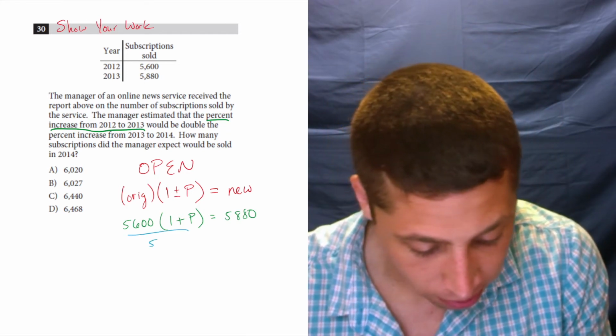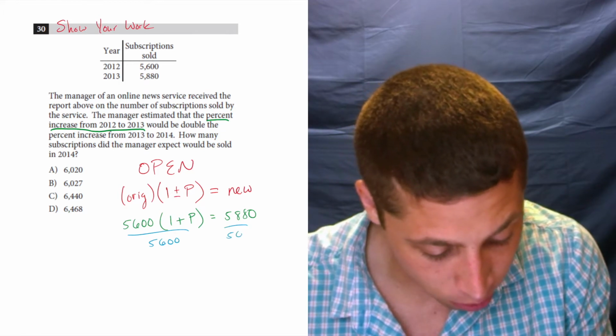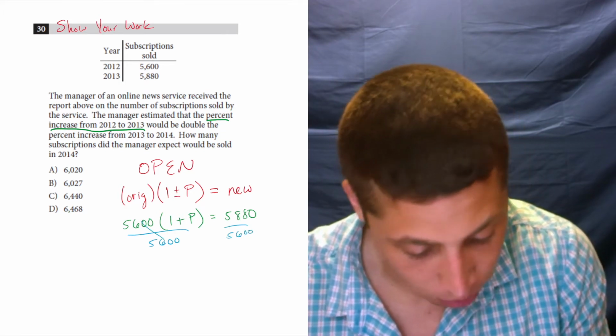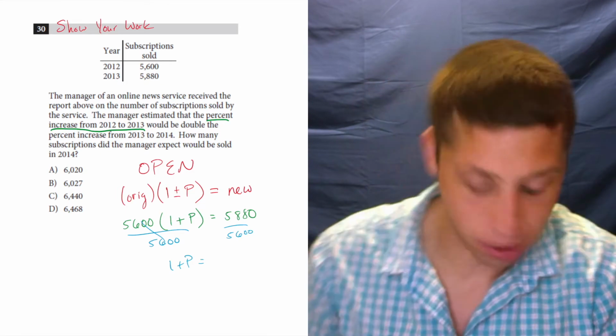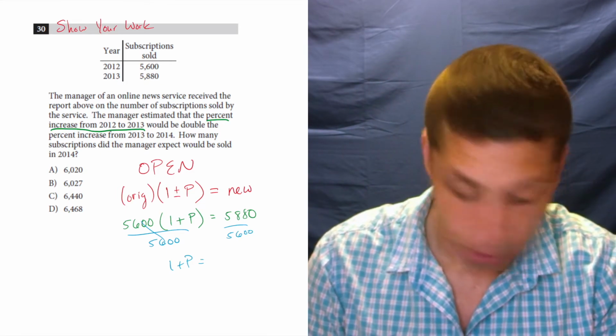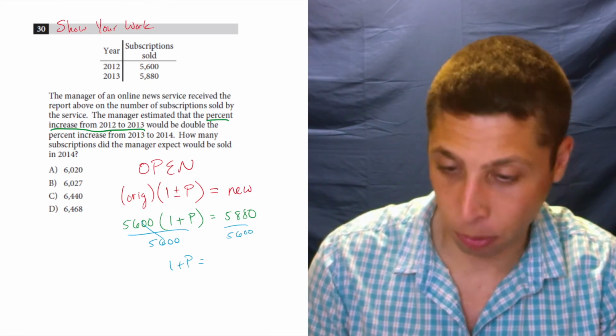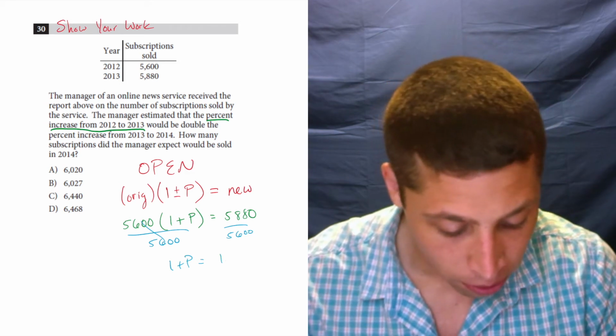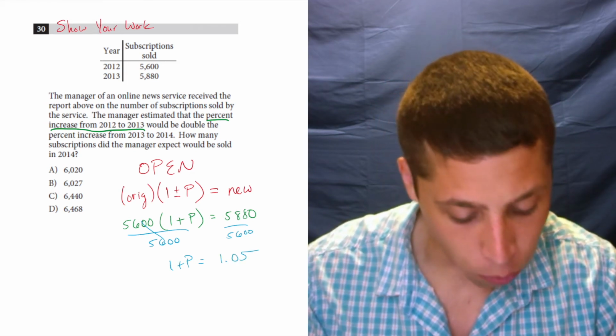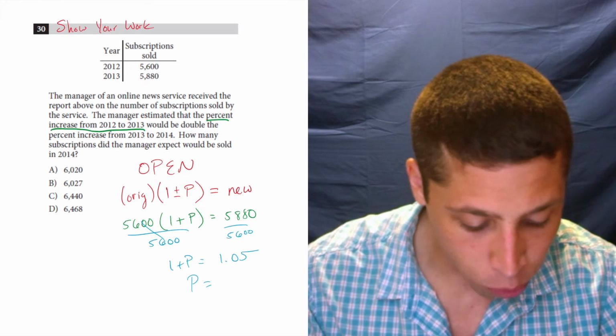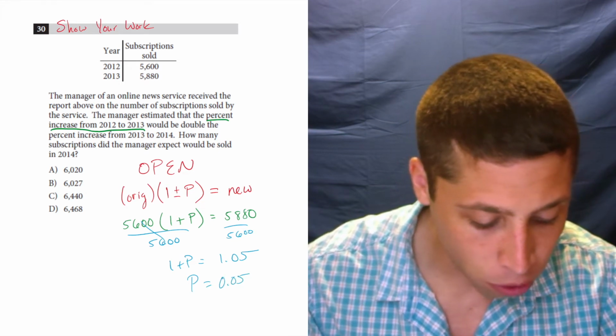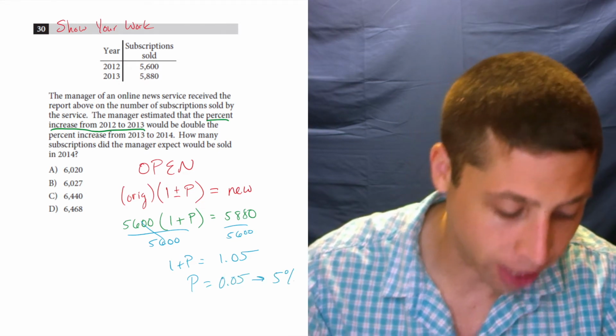So this is something you might know in your head pretty quickly just because of your comfort with percentages, but I like to play it safe because I just don't trust myself with percentages. It's very easy to mess up. So 1.05, subtract the 1, and then we get the P is equal to 0.05, which remember is 5%.